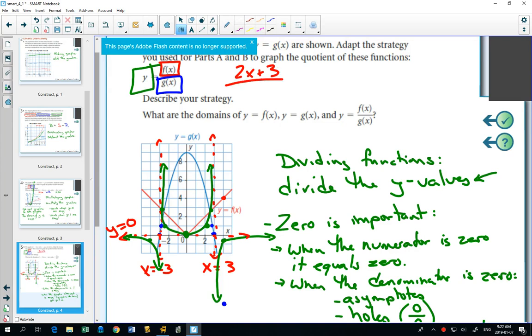If you took any line and divided it by any parabola, and think about what happened in Chapter 2, what happens when the degree is bigger in your denominator? You always had an asymptote at 0.